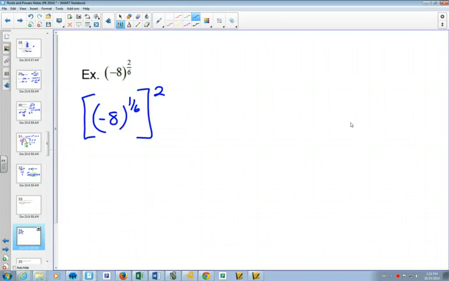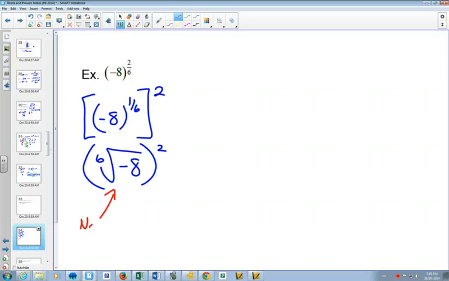That would be the thing that we've generally been doing. But if you try -8 to an even power, the 6th root of -8 squared, this is not possible. Okay? Yes? So you would reduce it to 1/3.